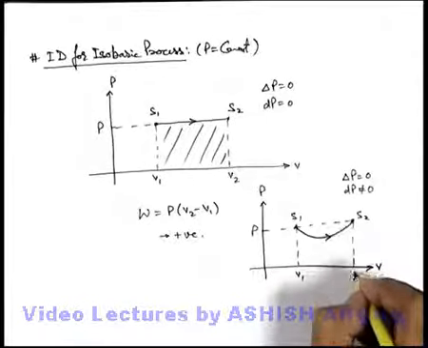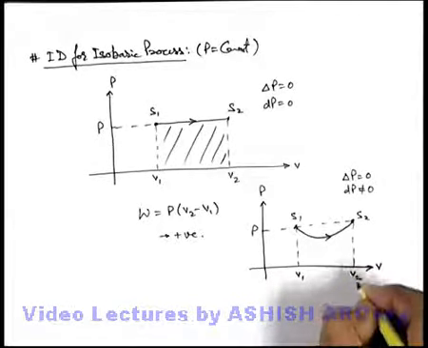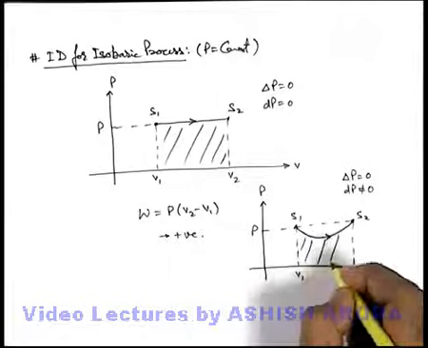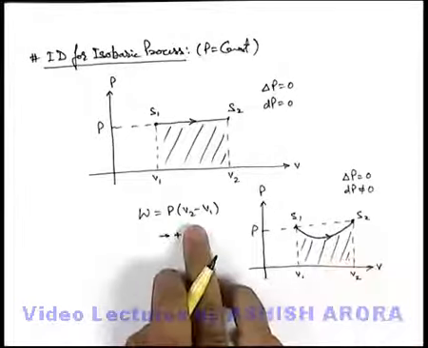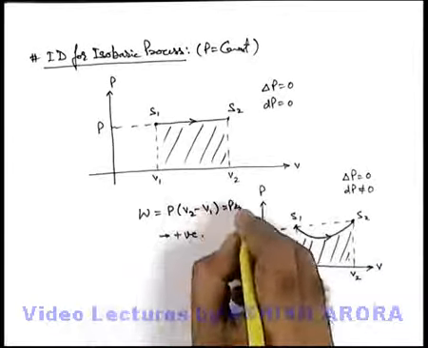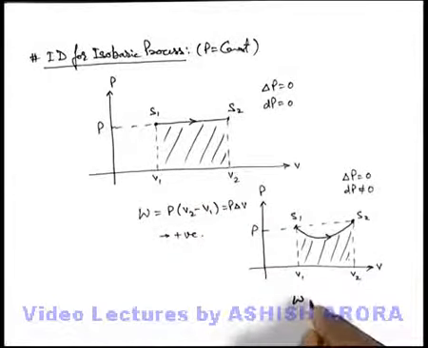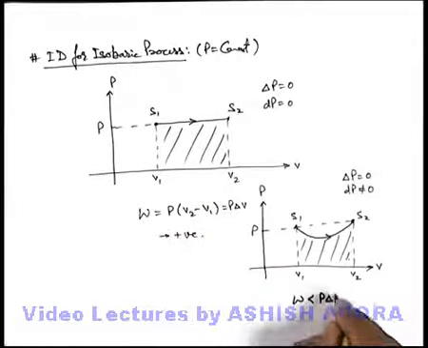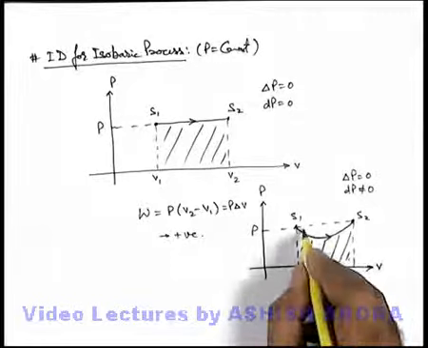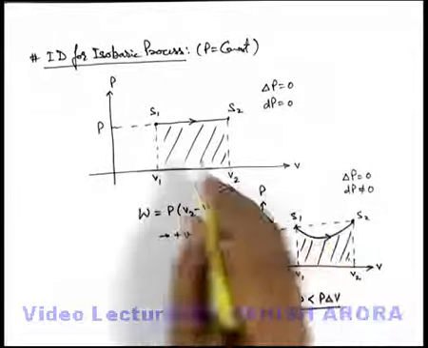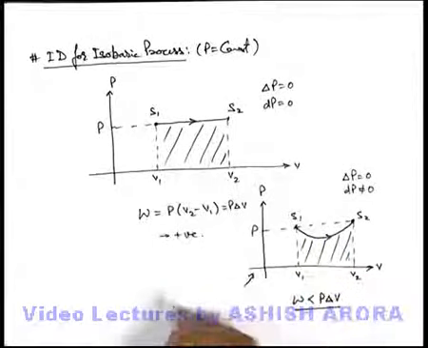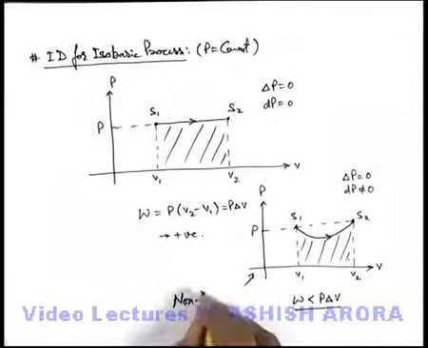However, the initial and final states are same. So if we find out the work done in this situation, certainly it is not equal to P delta V. Here we can write work done will be less than P delta V because this much amount of work is less compared to this case, and this is a non-isobaric process.